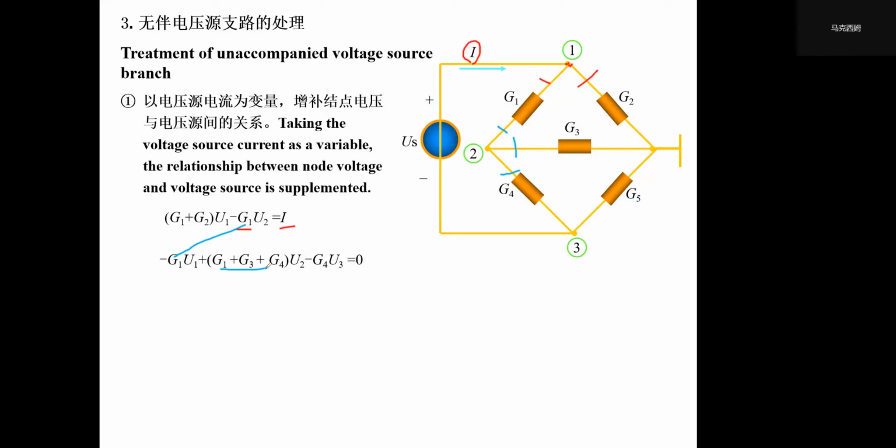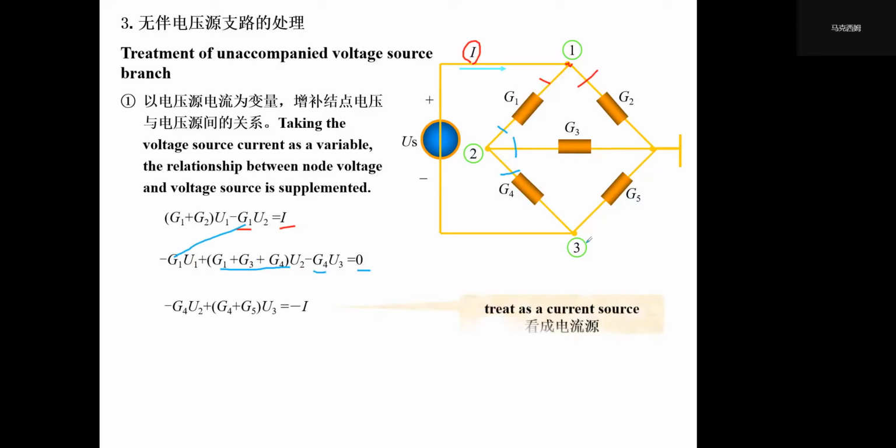Between nodes 2 and 3, we only have G4, so we put it here. And since there's no current source flowing into it, we give its right side a 0.